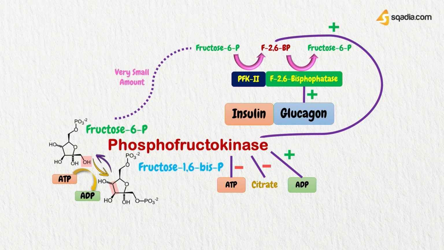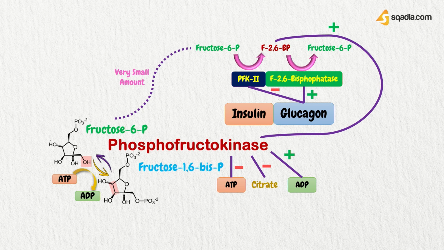Whenever it upregulates this enzyme, it will in turn upregulate phosphofructokinase. It's also going to downregulate the PFK2 enzyme, so that there will be no conversion of fructose 6-phosphate into fructose 2,6-bisphosphate. Instead, it's going to convert fructose 6-phosphate into fructose 1,6-bisphosphate, the main process of glycolysis.